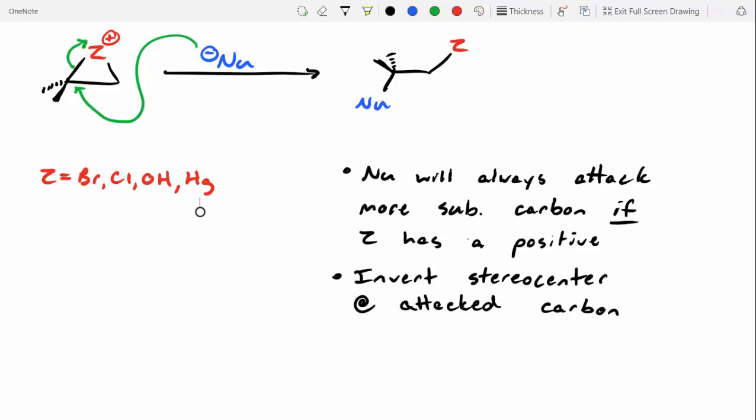Just like SN2. Exactly. All right, so now let's take a look. So even if the nucleophile is really large, it'll still prefer the more substituted side? Yeah, in the addition reactions in particular, we almost always see that nucleophile attack the more substituted side.